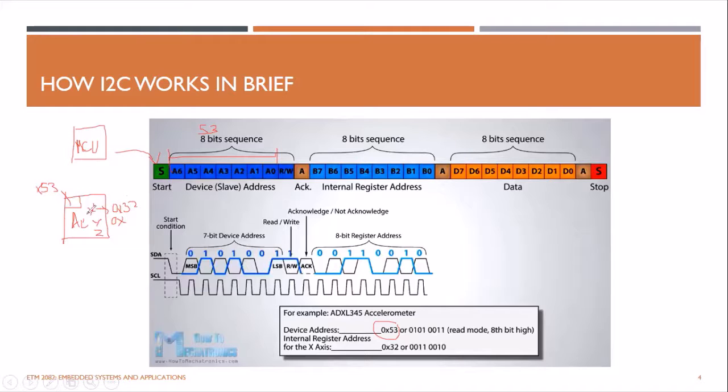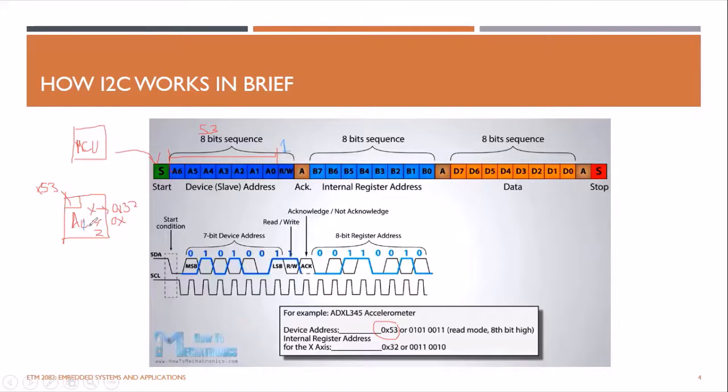So let's say you want to read the X-axis data. In that case, from this accelerometer, which has the address of 53, you just start and write 53 as the slave address. And if you want to read, the bit is always 1, so you keep the logic high.